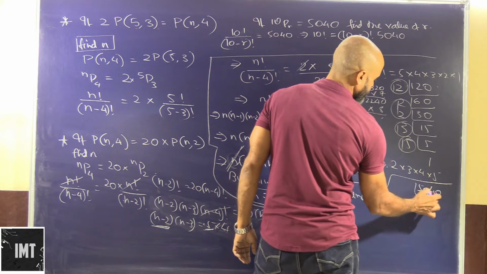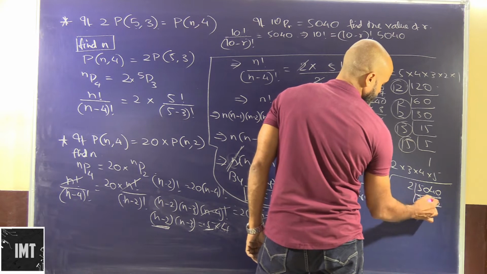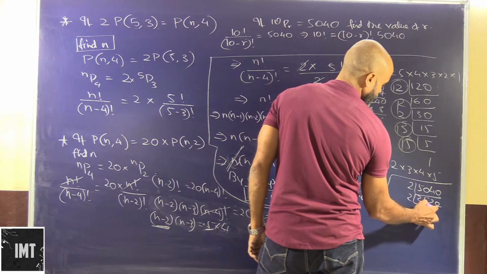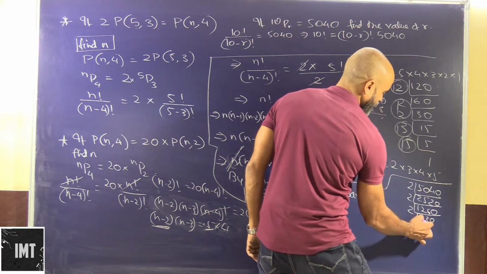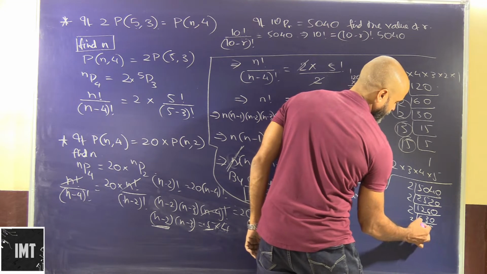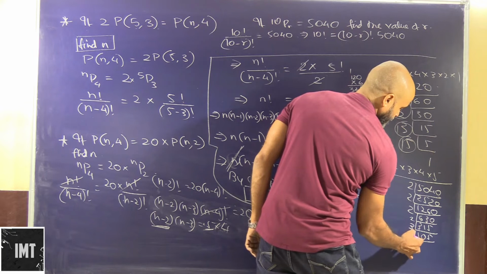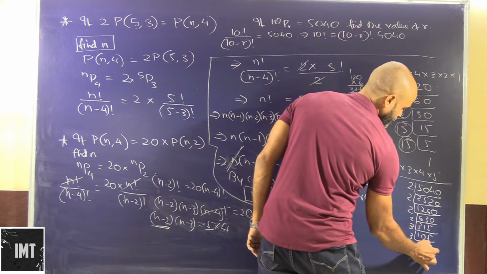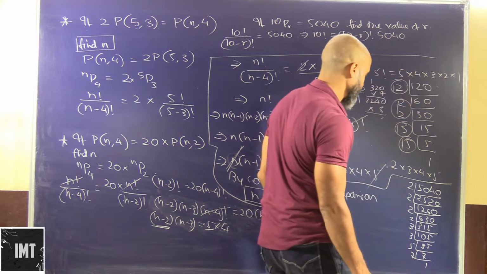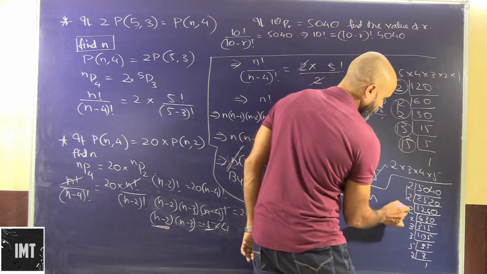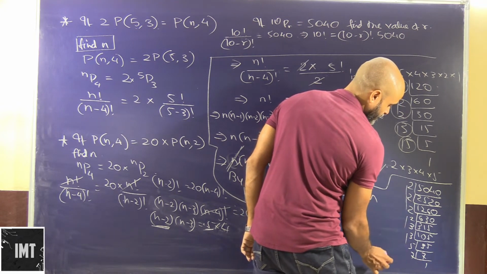So 2 2s are 4, 4 2s are 8, 2 3s are 6, 3 5s are 15.